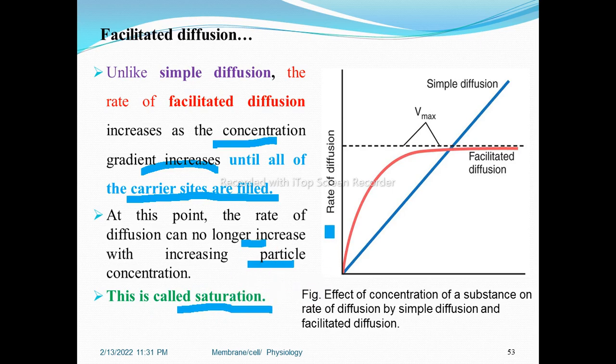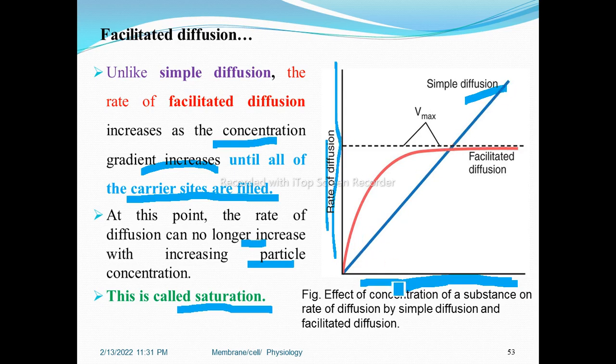So let me show you. This is the rate of diffusion. This is the concentration of substances. As concentration difference increases, the rate of diffusion increases. In simple diffusion, as concentration of substance increases, the rate of diffusion increases. There is no limitation.